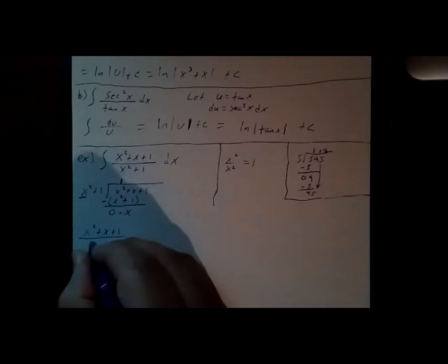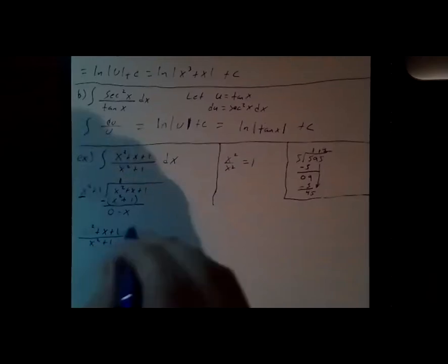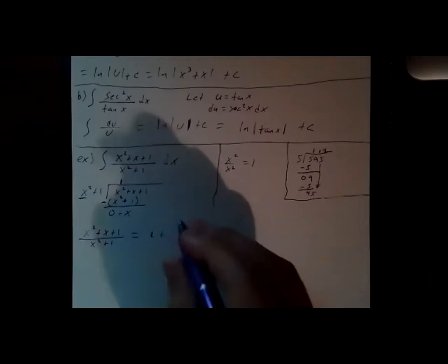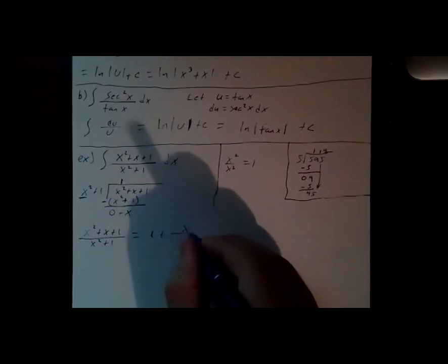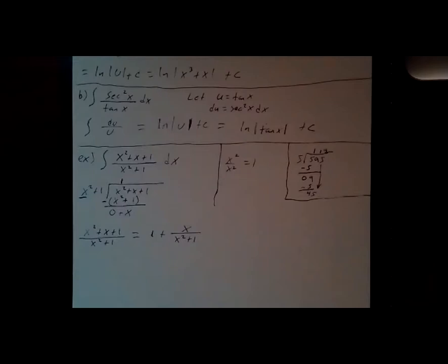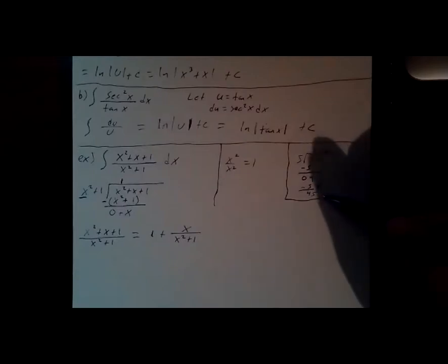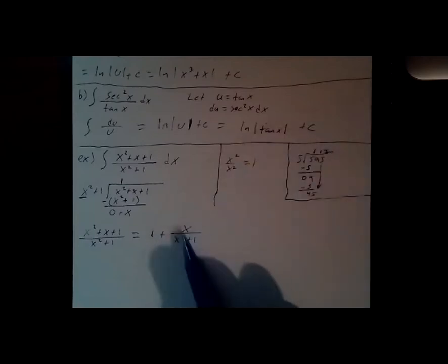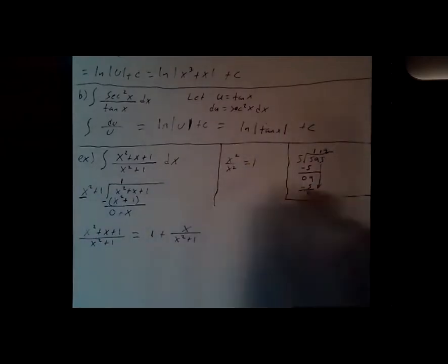X. This is equal to 1 plus a remainder over the divisor, remember? Like if you had a remainder here, you would put that over the 5 and you'd have some decimal piece, right? Some fractional piece.